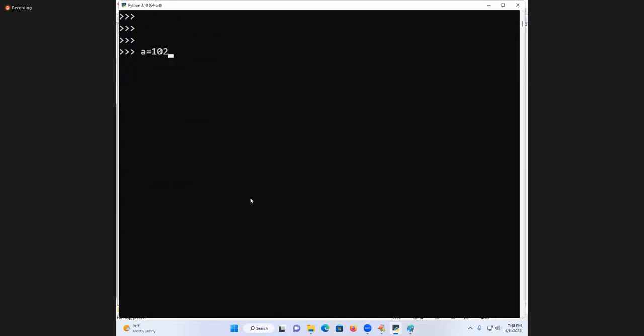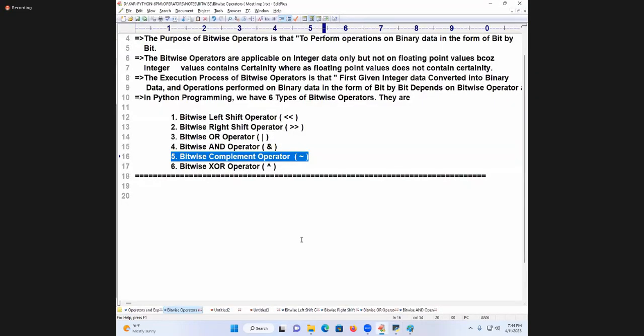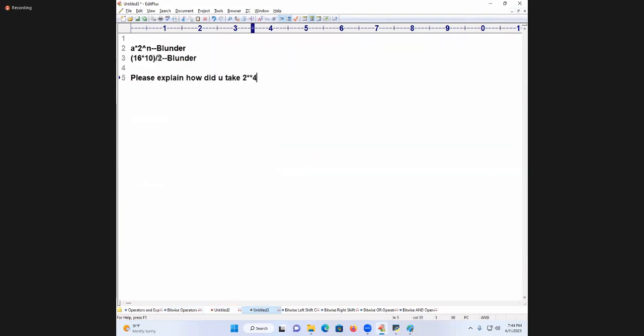A is equal to some 1 or 2. Complement of A I will write. What is the answer coming? Minus 1 or 3. If I write not A, the answer is coming what? False. Is it the same? The bitwise complement operator is not a NOT operator. That must be understood in the class. So this is a doubt of our students, and all these things are going to be covered.